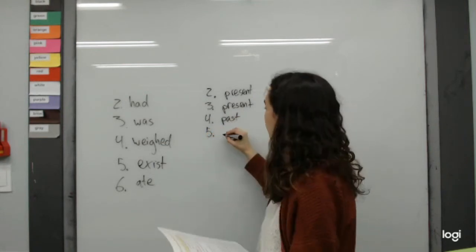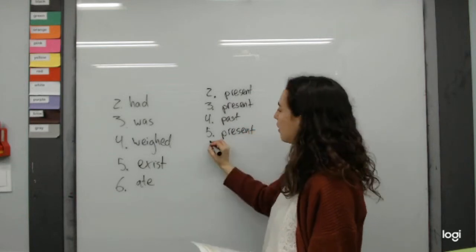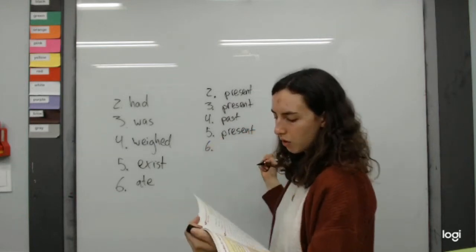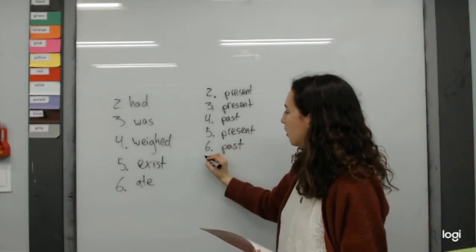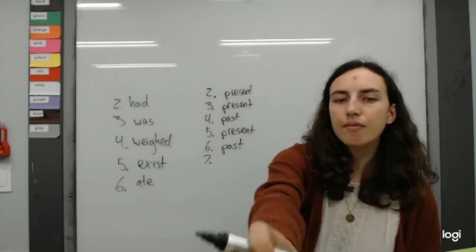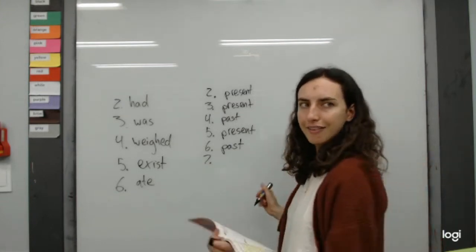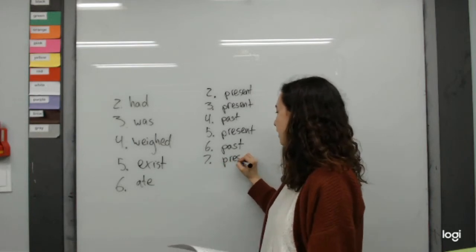Number 5, there are many animals in the zoo. This is present, are. Number 6, the dodo was a small bird. Was is past. Number 7, my favorite animal is the tiger. Present tense.